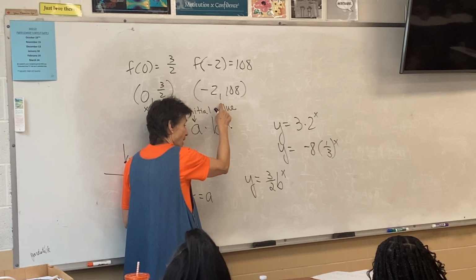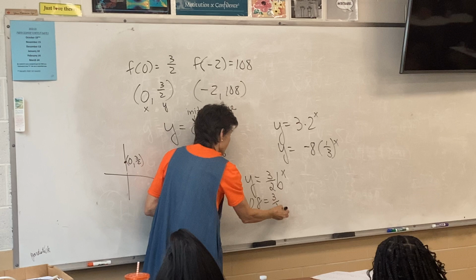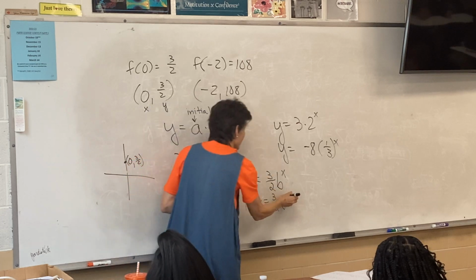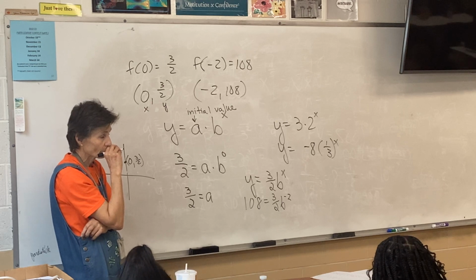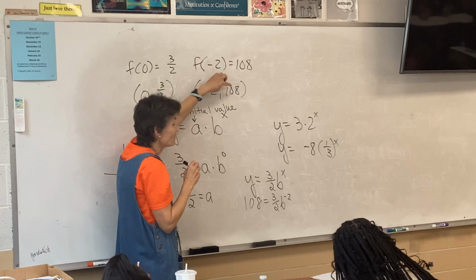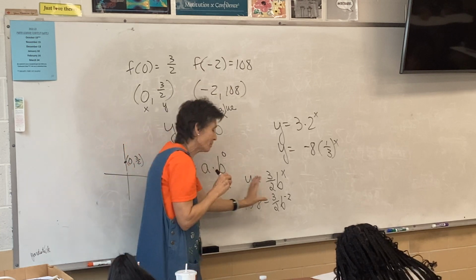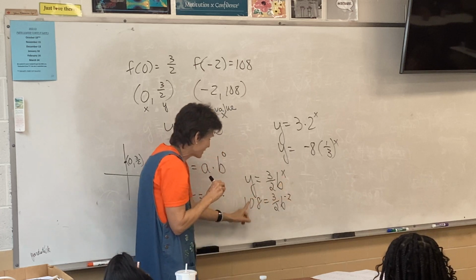I'm going to plug in my other point to get b. Now always remember, that's x and that's y. So when you start plugging stuff in, x goes in for x and y goes in for y.